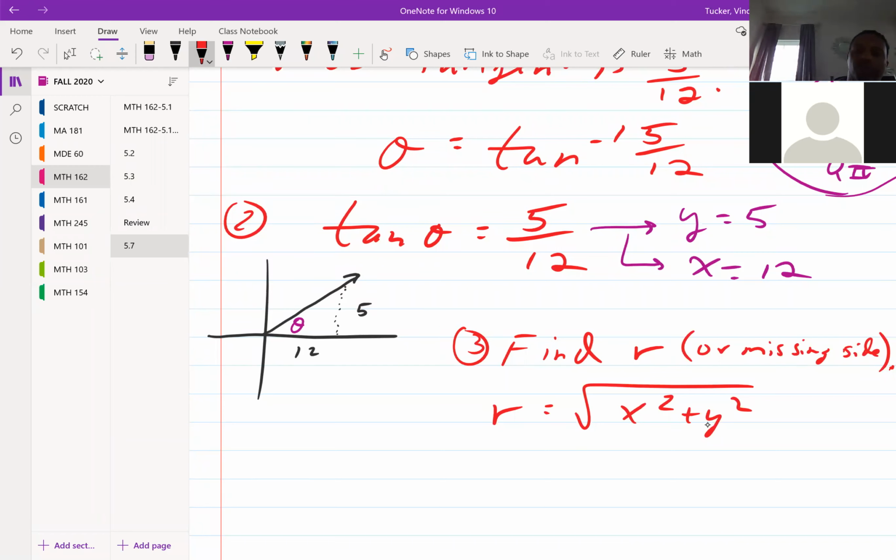R is equal to the square root of X squared plus Y squared. Plug in your values to find R.